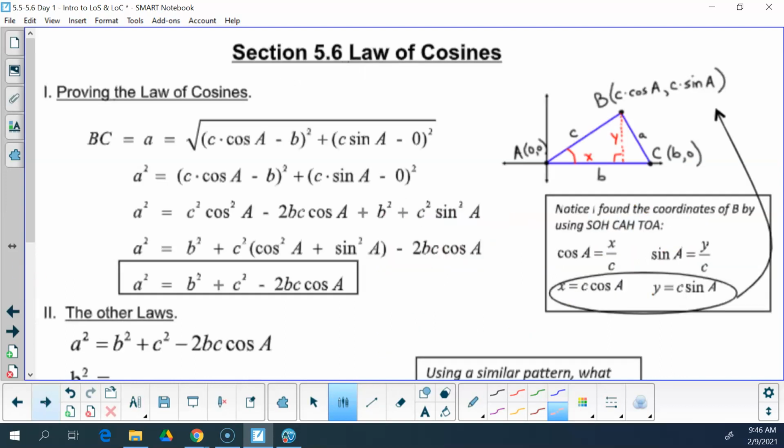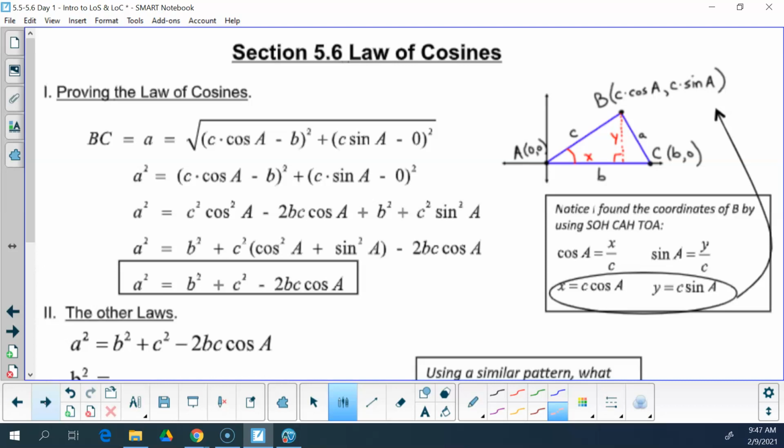Okay? So, law of cosines. This is the proof of the law of cosines. Okay? It's spelled out for you on the top of the law of cosines page in the green packet. It's derived from the distance formula.